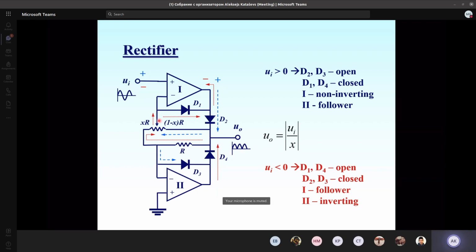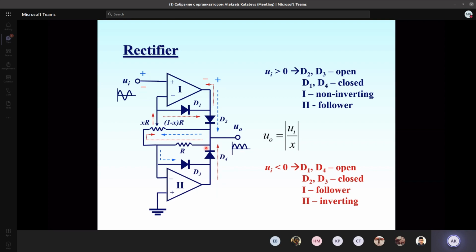The voltage here is equal to the voltage applied to resistor XR, part of the potentiometer, and the feedback R, because D3 is closed and the feedback is provided this way. It works like an inverting amplifier, and we have minus U in divided by X.